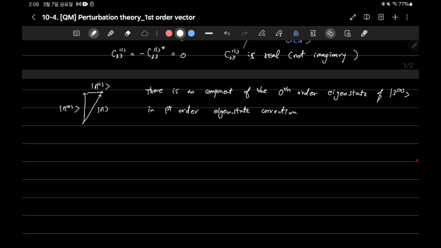So here in general case, we can say that perturbed state and first order perturbed state is orthogonal to original eigenstate.